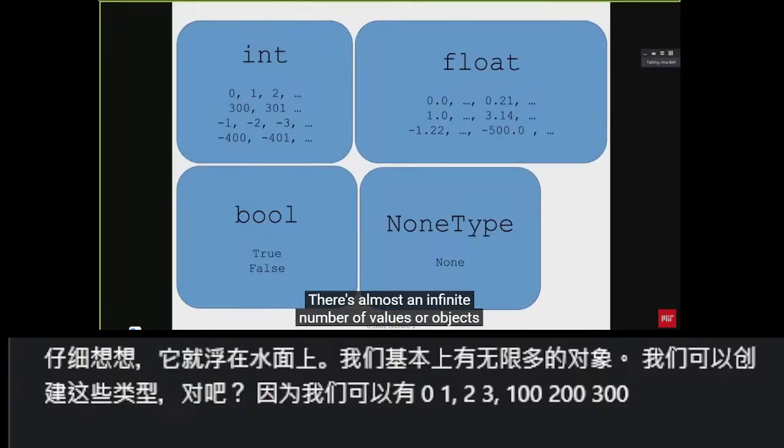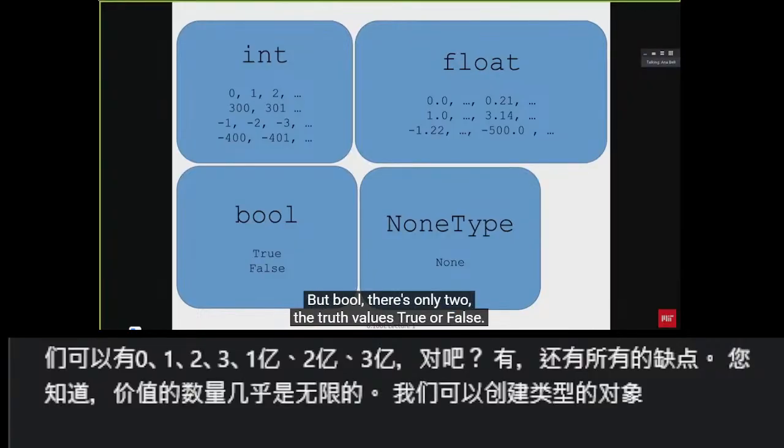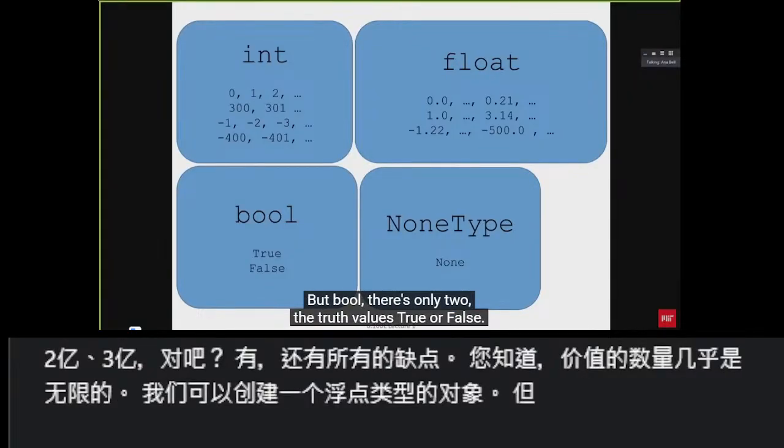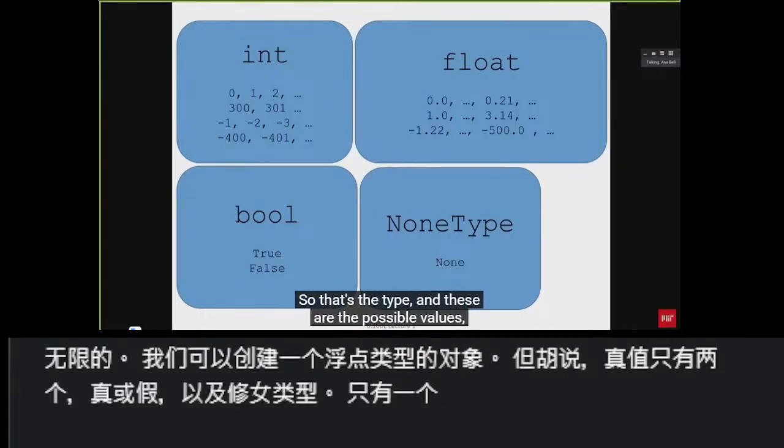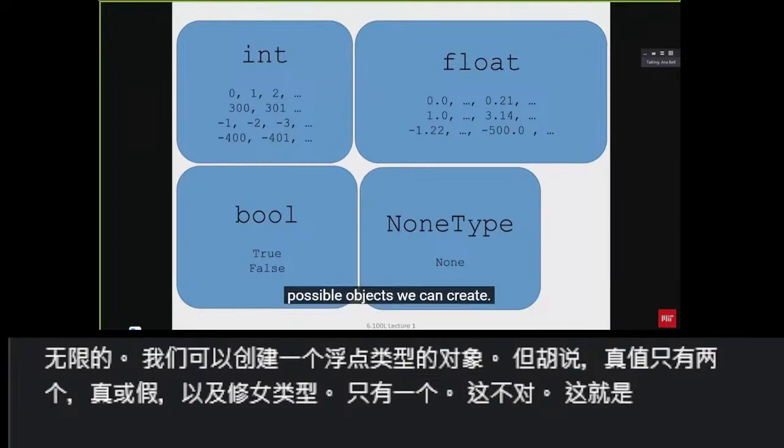There's almost an infinite number of values or objects that we can create of type int and float. But bool, there's only two: the truth values True or False. And the NoneType, there's only one, this None. So that's the type, and these are the possible values, possible objects we can create.